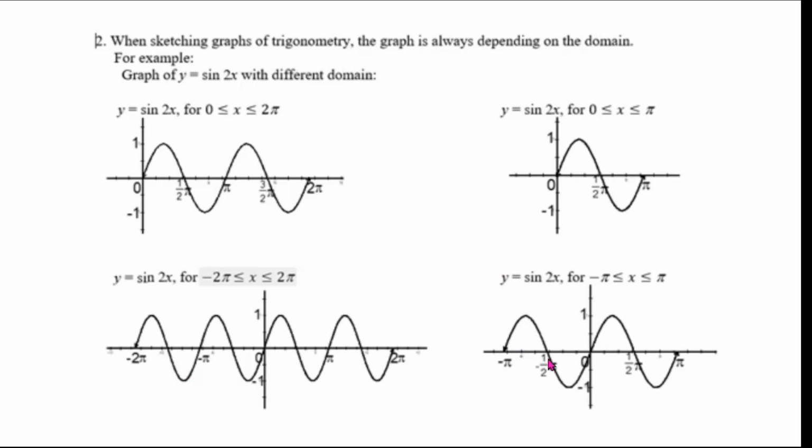Now for the fourth diagram, the domain is from negative pi to positive pi. So we only take the part of the graph which is inside the interval. So overall, we can see that when the domain changes, the shape of the graph will also change.